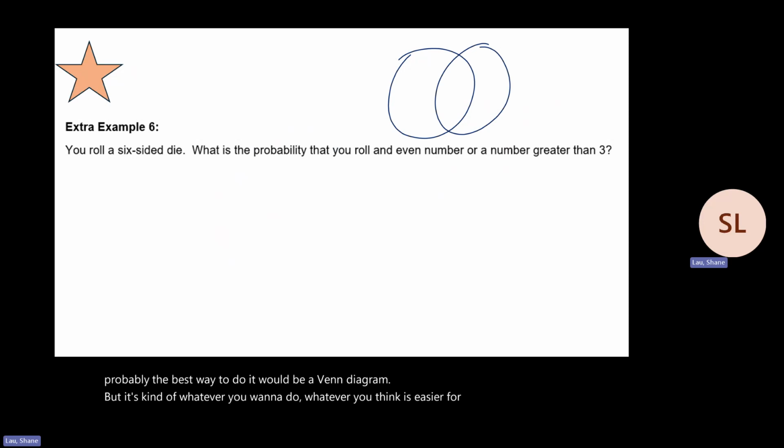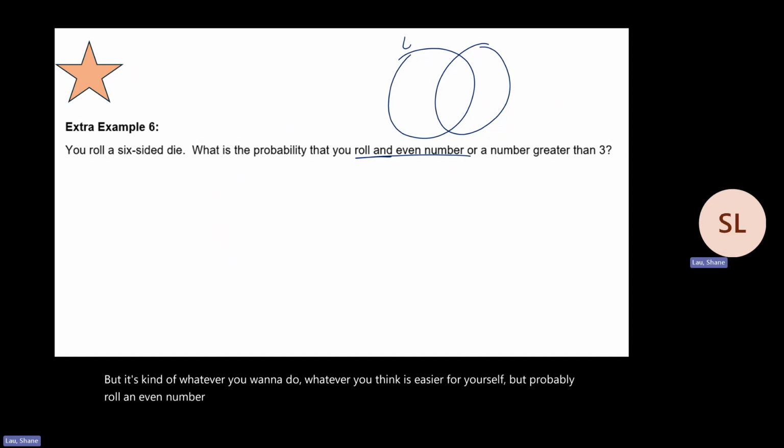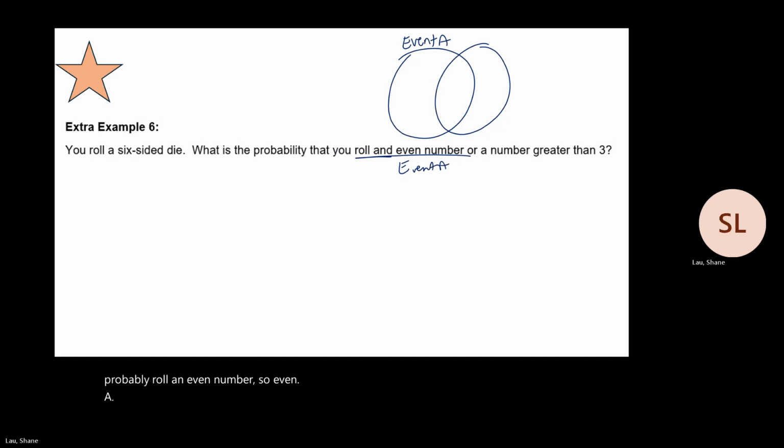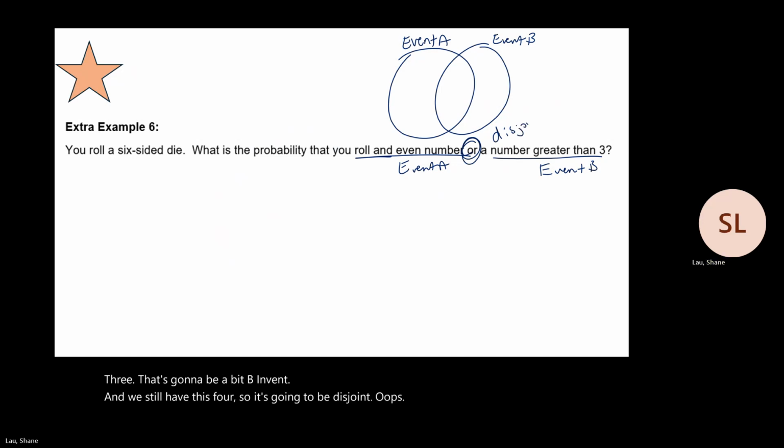The probability you roll an even number, so even, that's going to be event A, and then a number greater than 3, that's going to be event B. And we still have this or, so it's going to be disjoint or overlapping.